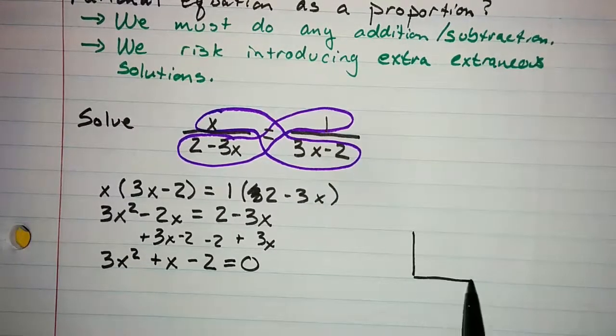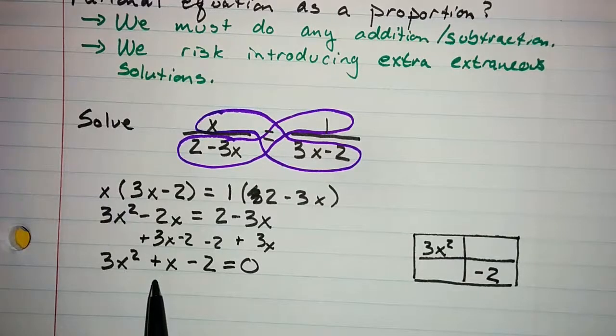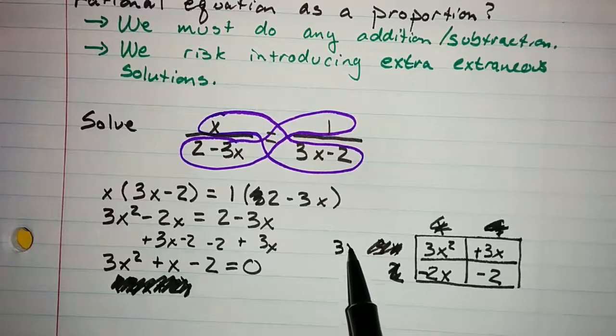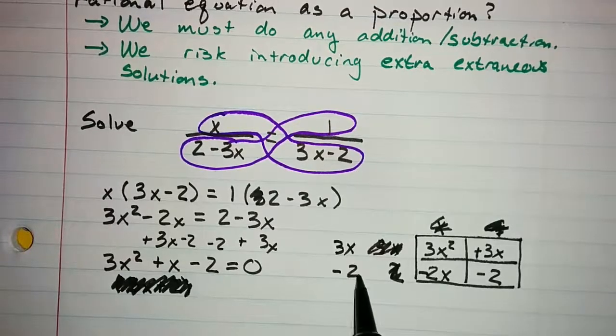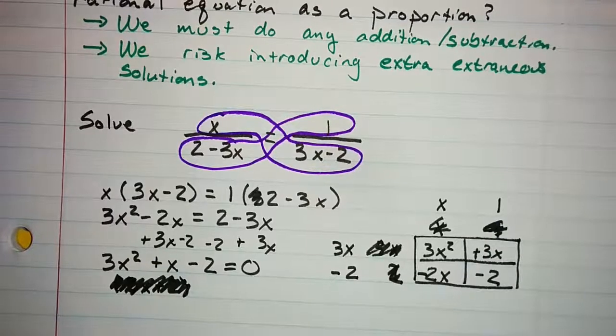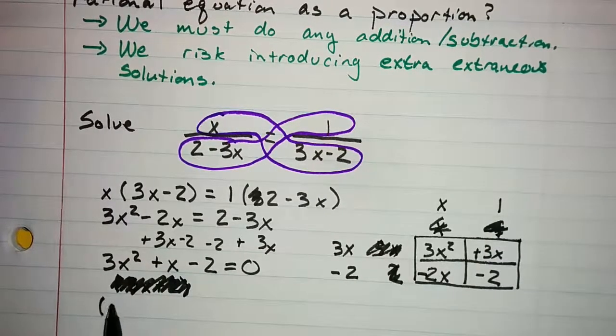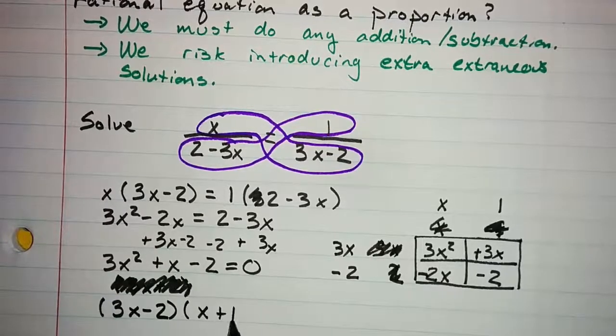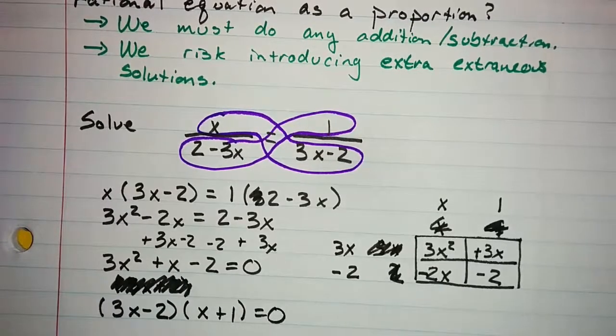We'll need to factor, splitting up the middle term using two numbers whose product is -6 and whose sum is +1. +3 and -2 should do. Let's see, factoring out the greatest common factor, here we'll have a 3x and a -2. Here we'll have an x and a 1. So, in factored form, (3x minus 2)(x plus 1) equals 0.